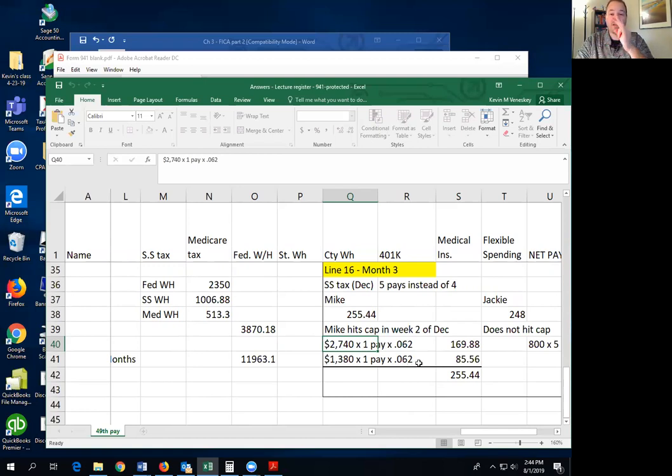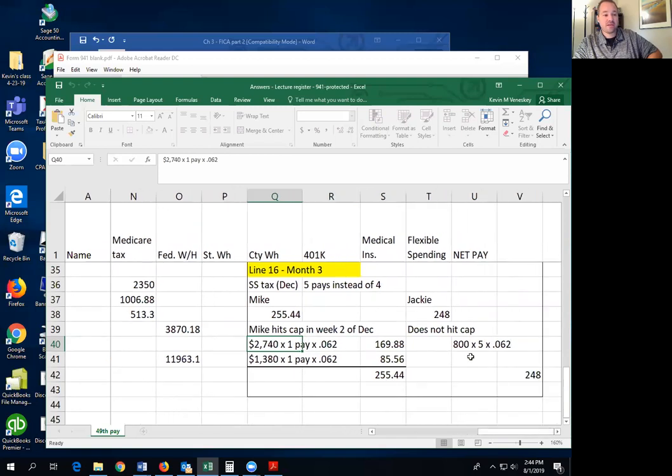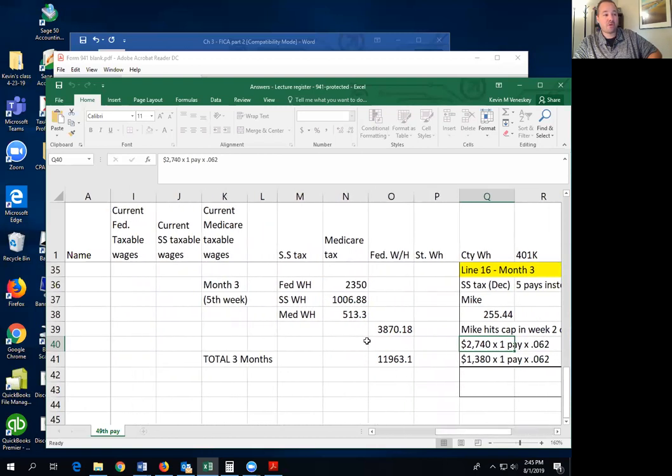And then for weeks 50, 51, and 52, he's not taxed on any. So if I do the calculations here for each week, I can figure out how much Mike owed in Social Security. And then I can do the easy one for Jackie. She had $800, no caps hit, so that's just 800 times the 5 weeks at 6.2%. So to figure out my Social Security, it's simply the 248 plus the 255, and then remember to multiply it by 2 for the employer's portion.